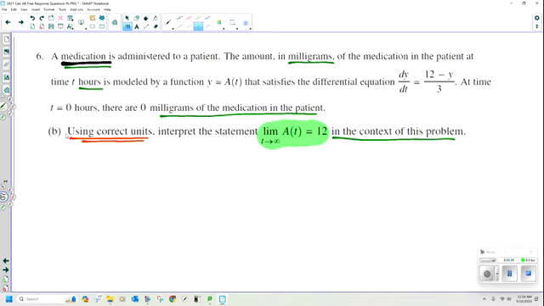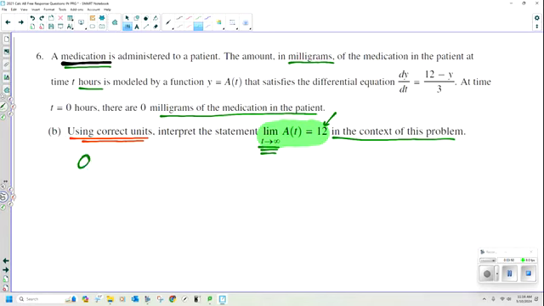So what I would say here is that as time goes on forever and ever, the amount of medication in the patient will approach 12. It will never hit 12. It will never go over 12. So we've just got to say something to that nature.